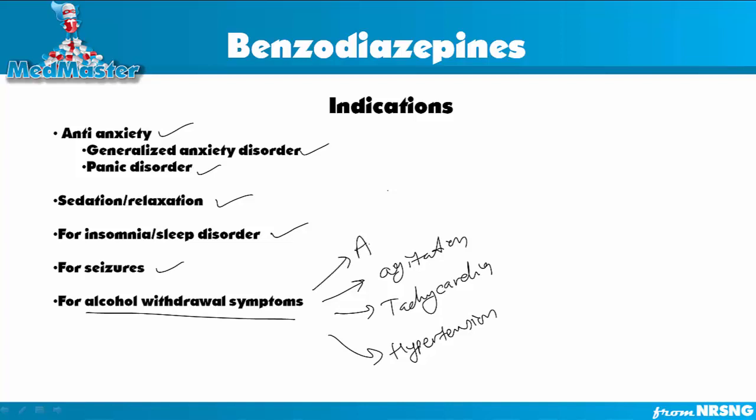They'll be anxious all the time. These are the symptoms of alcohol withdrawal. These medications are widely used to control these symptoms for a patient who has a long history of alcoholism and so forth. All right, those are the indications.